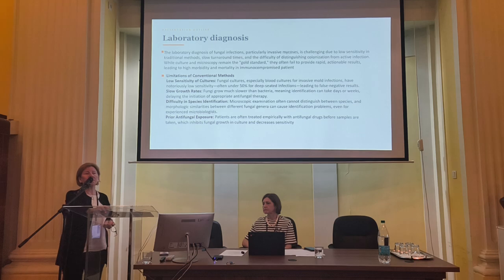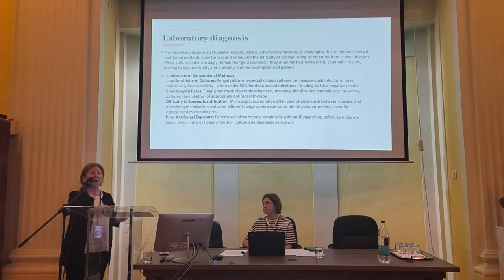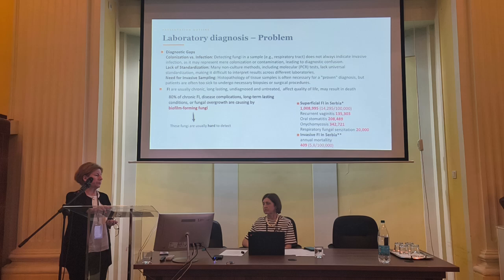Due to low sensitivity of traditional microbiological methods, we usually use a combination of several different platforms to give highest specificity and to exclude false positive results due to contamination, which is very common because fungi are everywhere, and highest sensitivity.